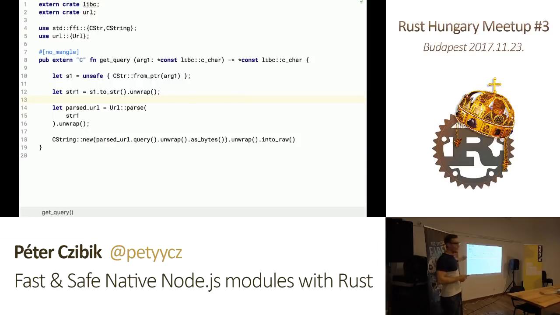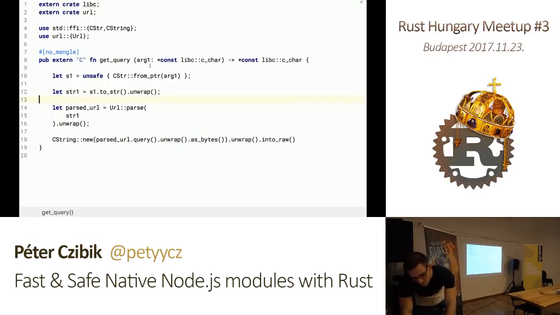And there's the URL module from the Servo team, a super cool and super fast URL parser that I've picked to demonstrate this. And we can expose it, so we just return a new C string, and we can get on with that.